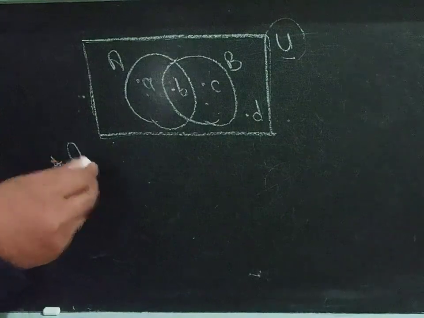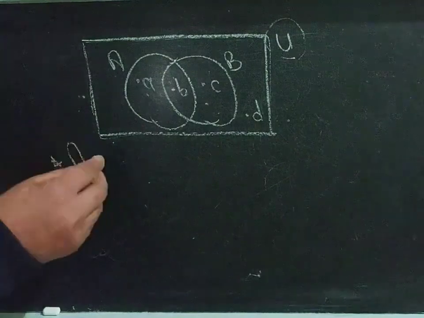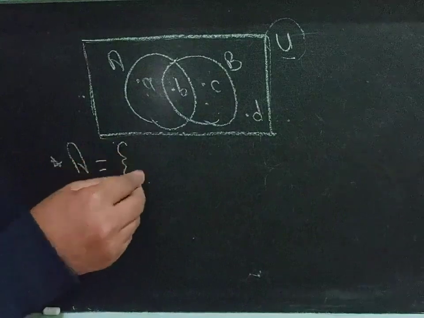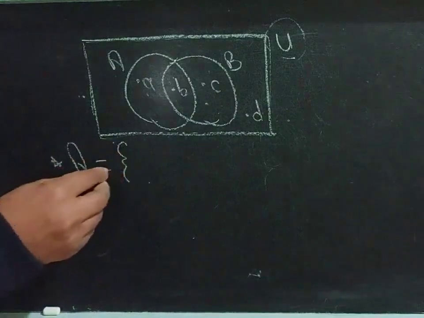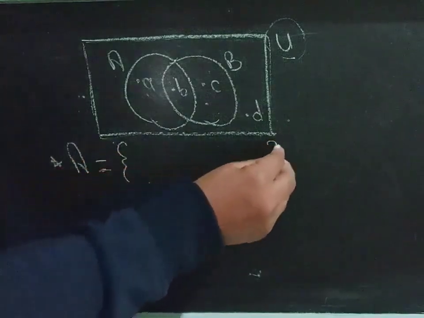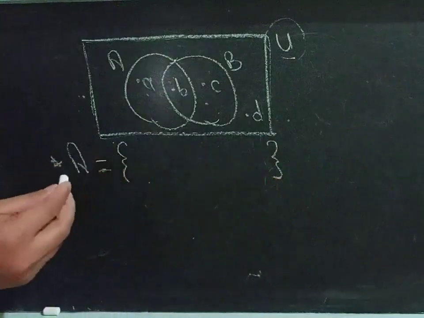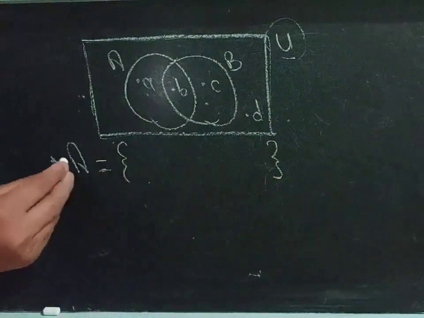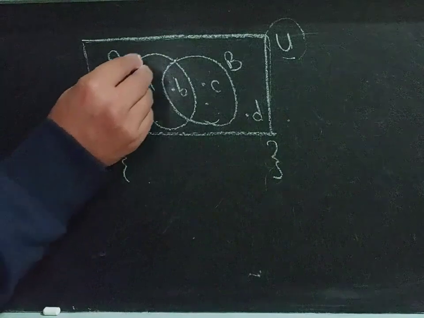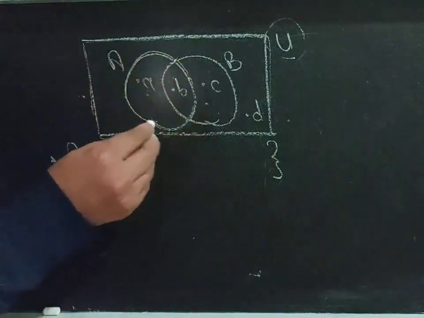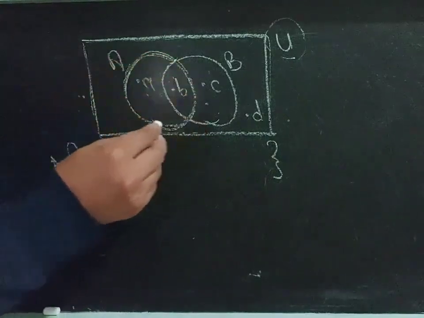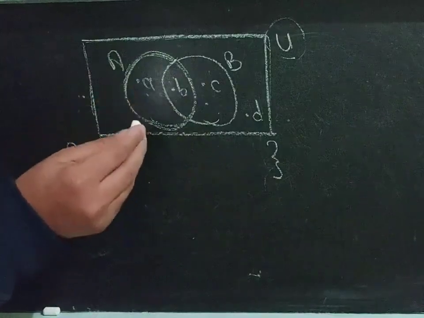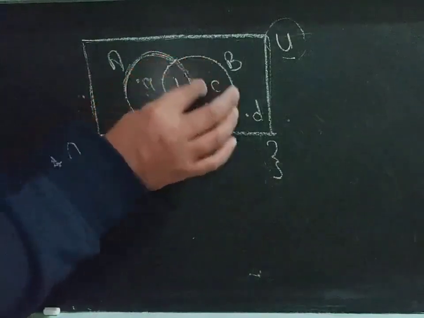So in list method, I will write like that. I draw my bracket. Then to write the elements of A, you need to highlight the shape of A and see which elements are under that shape.